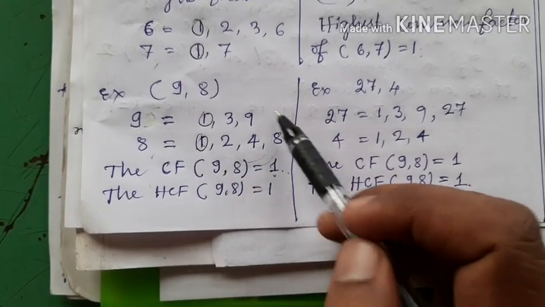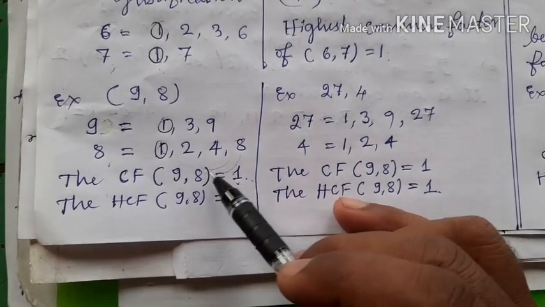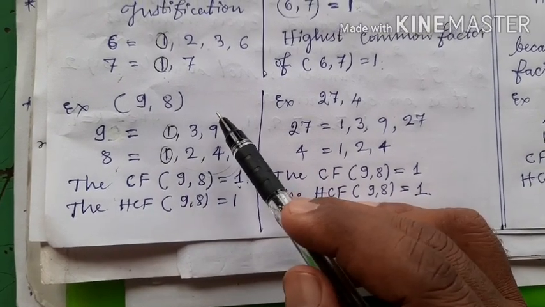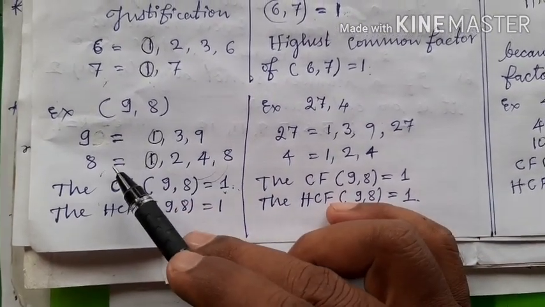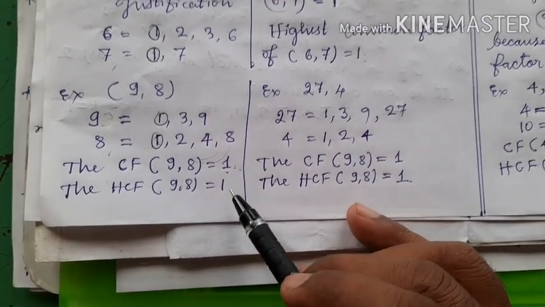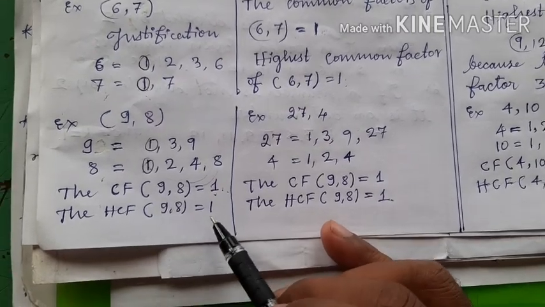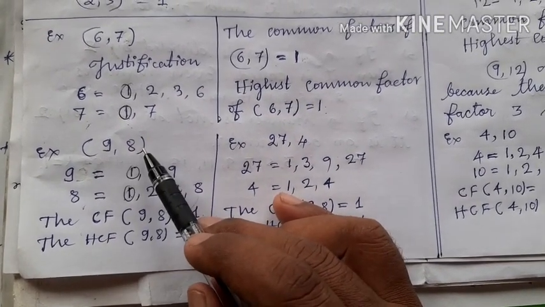Other than 1, is there any common factor? No. That is why 9 and 8 are called co-prime numbers. If you find the HCF of these numbers 9 and 8, what is their HCF? HCF is also 1. So, if two numbers have the HCF 1, then also they are called co-prime numbers.